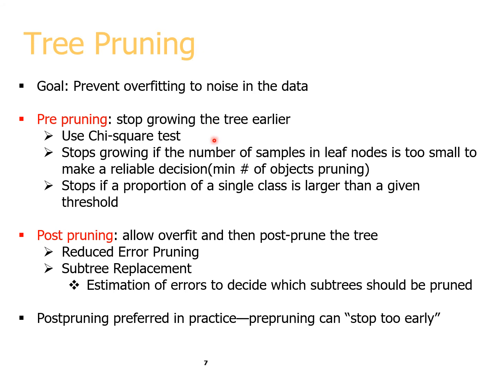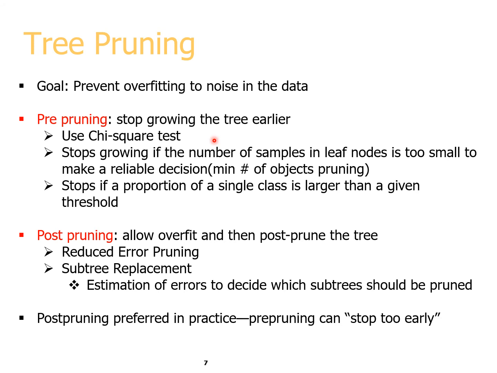But in pre-pruning, before you add your attribute to the decision tree, there are some conditions where you do not add the attribute and stop there. You simply stop and just ignore the attribute.